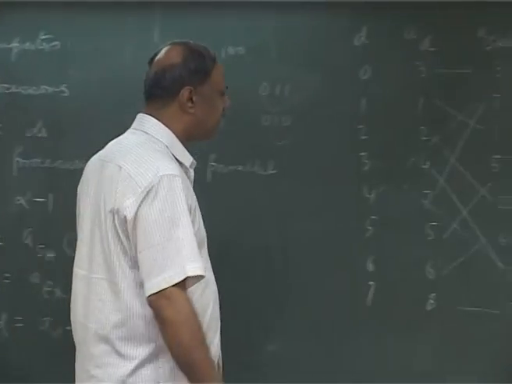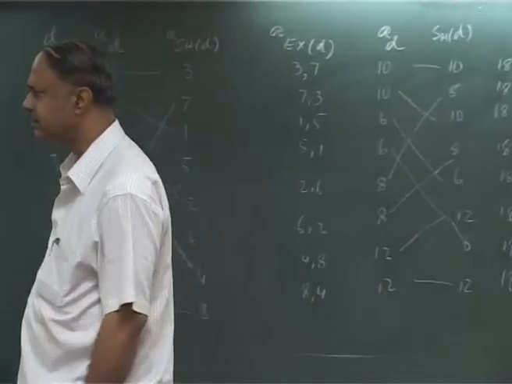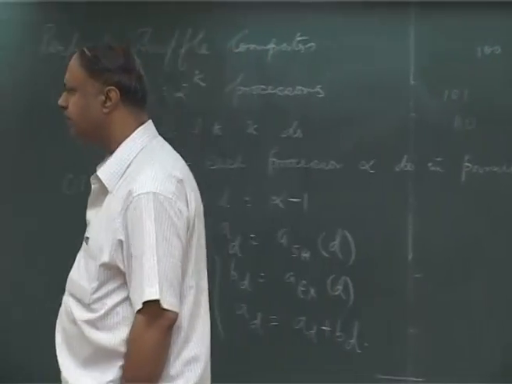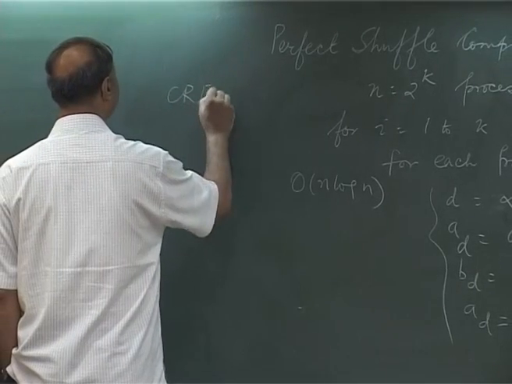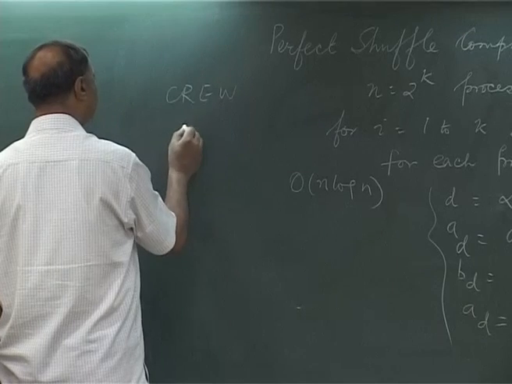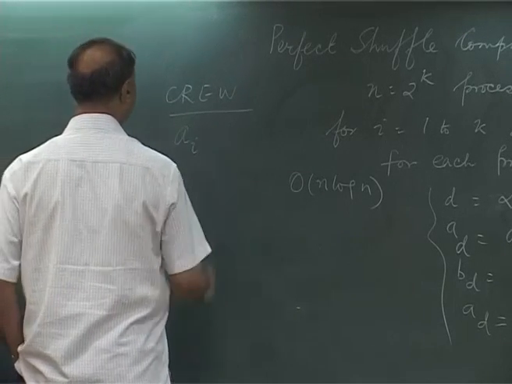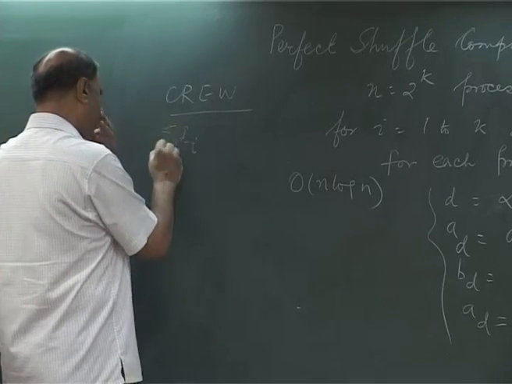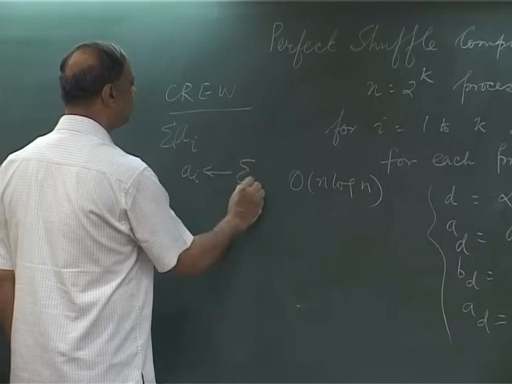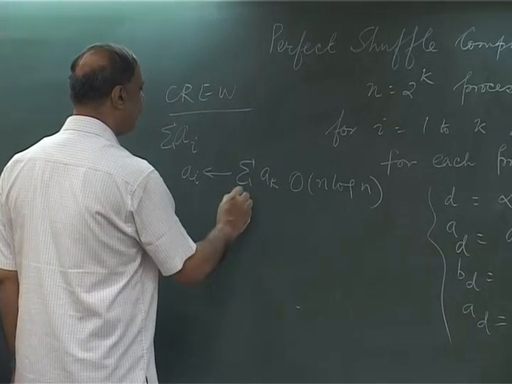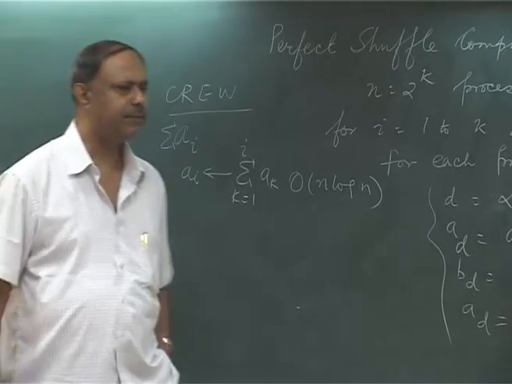So you can try at your leisure time to find the sum of n numbers using the CREW model. Here the condition is a little different: instead of finding the sum of Ai for all i, I want Ai to be replaced by the summation of Ak, k is 1 to i, which is known as a cumulative sum.